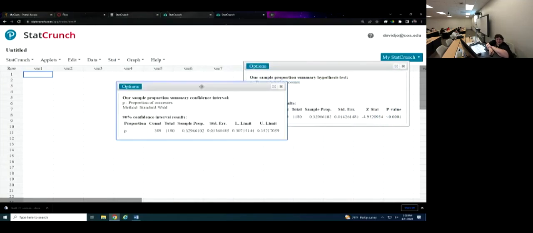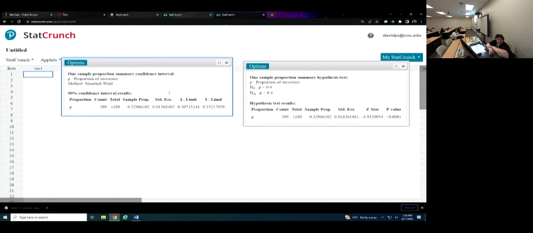I click compute and I get a lower limit of 0.307. I'm going to write this down on the other piece of paper. And I get an upper limit of 0.352. Pulling that information from right here, our confidence interval stuff. H naught is P equals 0.4.